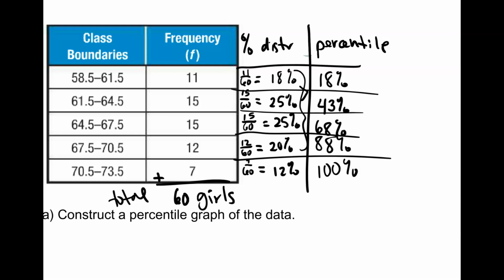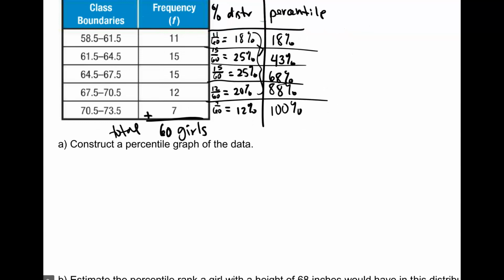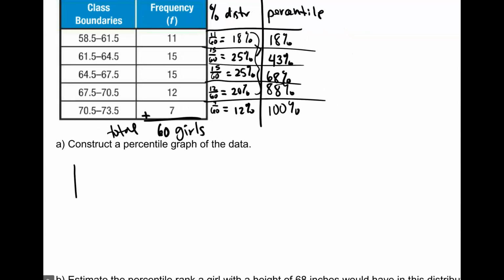And then constructing a percentile graph of the data. Isn't it impossible to be in the 100%? Technically, yeah, you'd be like the 99th percentile. That's as high as the things will go.